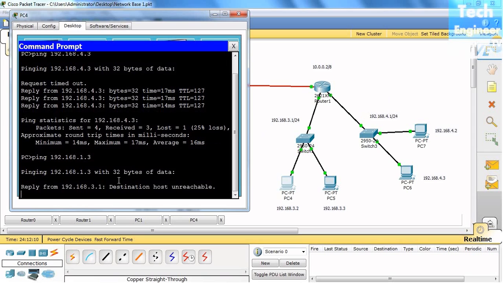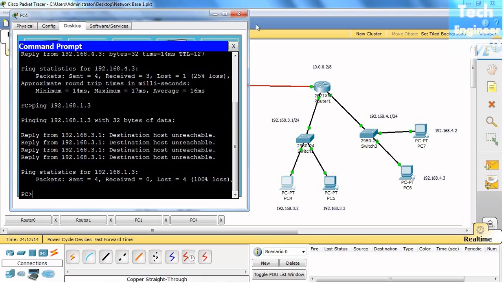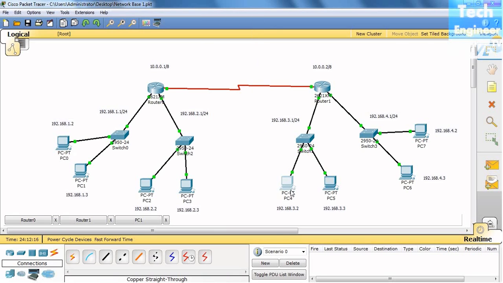You can see it directly says destination host unreachable, because when this particular PC sends a request, this router doesn't know whether this network is even available or not. Until these two routers exchange their information or databases with each other, nothing can be configured.